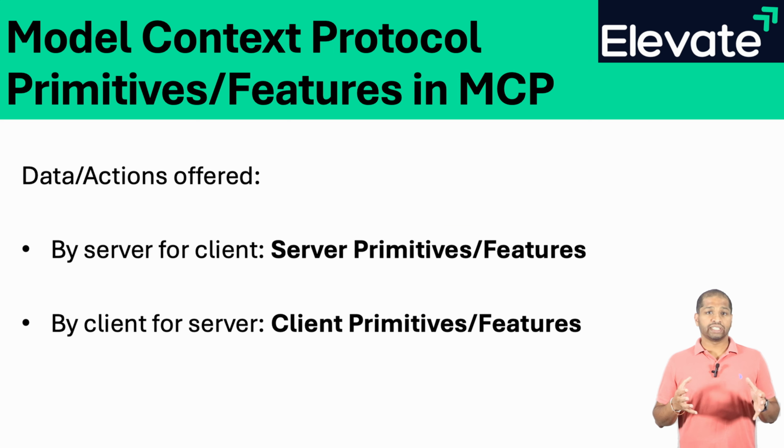Next, we are going to discuss another important concept: primitives, or features, of MCP. In the early versions of MCP, these were referred to as primitives, but since recent versions, they are referred to as features. In the latest 2025 June 18 release, we can see 3 client features and 3 server features.